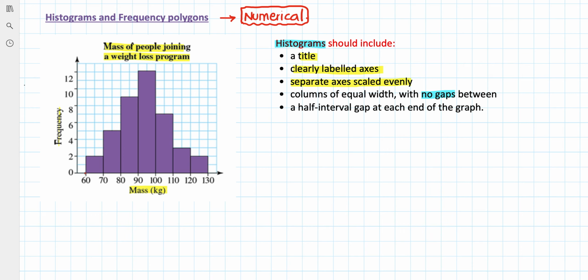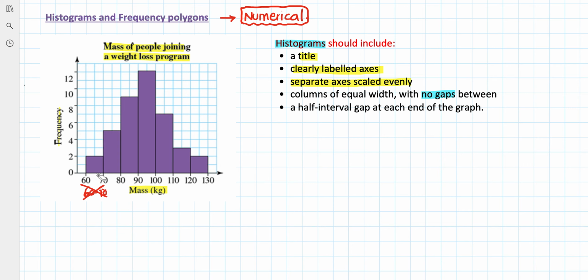Notice that when they're labeling the starting point and the end point, they're not labeling something like 60 to 70. They're not doing that. That will be wrong, okay? They put the start point, end point, start point, end point, and so on, okay? This is very important when you're doing histograms.